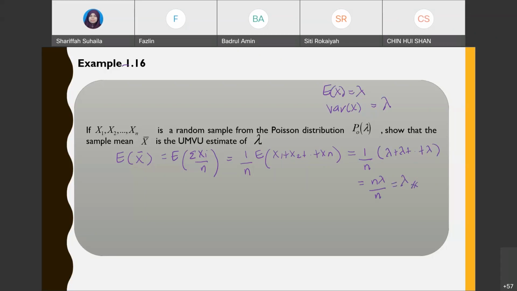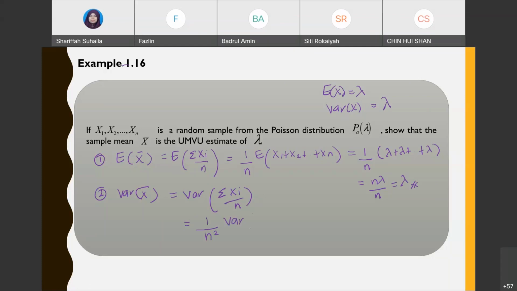So second step, finding your variance X bar. Variance summation xi over n. Okay, follow basic properties for variance. Make sure kamu tahu kan. So 1 over n square.